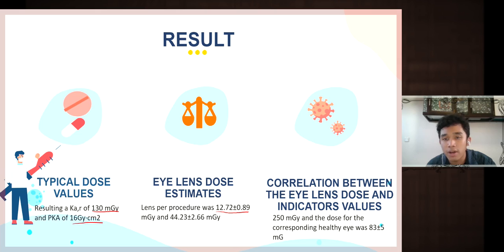Okay, next one is correlation between the lens dose and indicator value. The maximum cumulative eye lens dose per patient was found to be 2050 plus minus 12 milligray, and the dose of the corresponding healthy eye was 83 plus minus 5 milligray, which corresponds to having undergone interventions performed from December 2060 to April 2070.